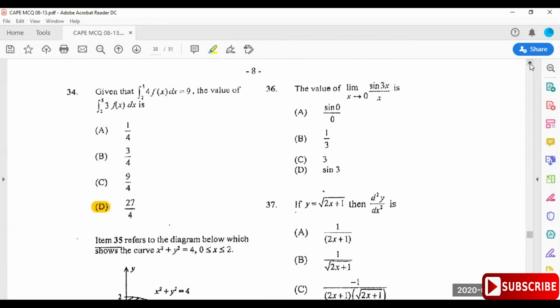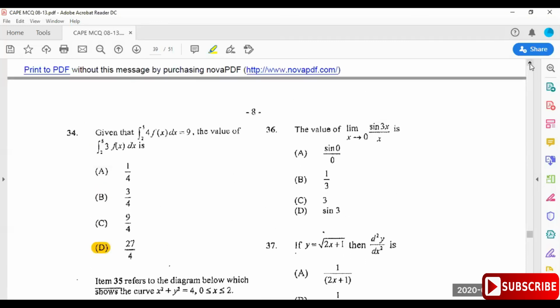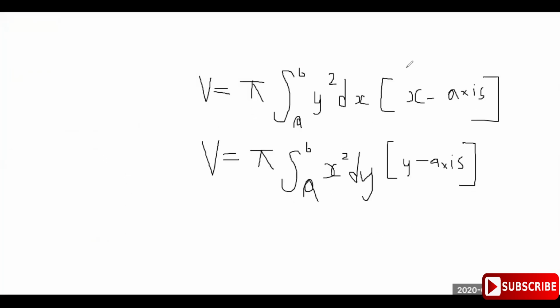All right. Question 36. In order to do question 36, there's a particular rule you have to remember: the limit as x goes to 0 of sine of x over x is equal to 1.